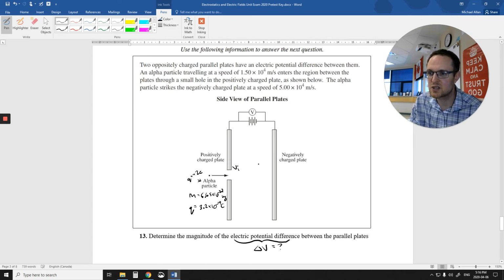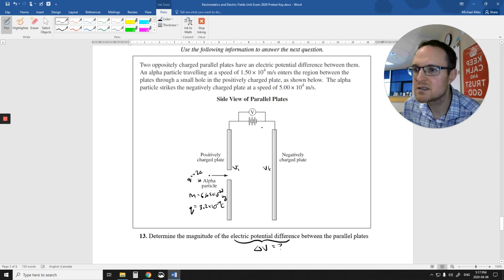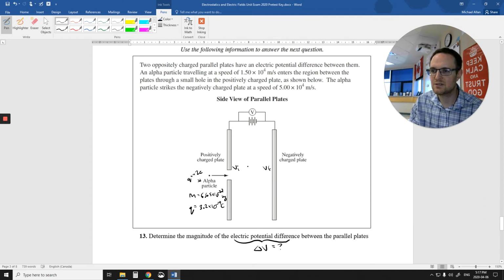They give us 2 different numbers here. So it's accelerating. It got faster as we went, so they gave us these 2 numbers, VI and VF. VI is 1.4 times 10 to the 4 meters per second, and VF is 5 times 10 to the 4 meters per second. So they give us these 2 numbers, which might be useful.